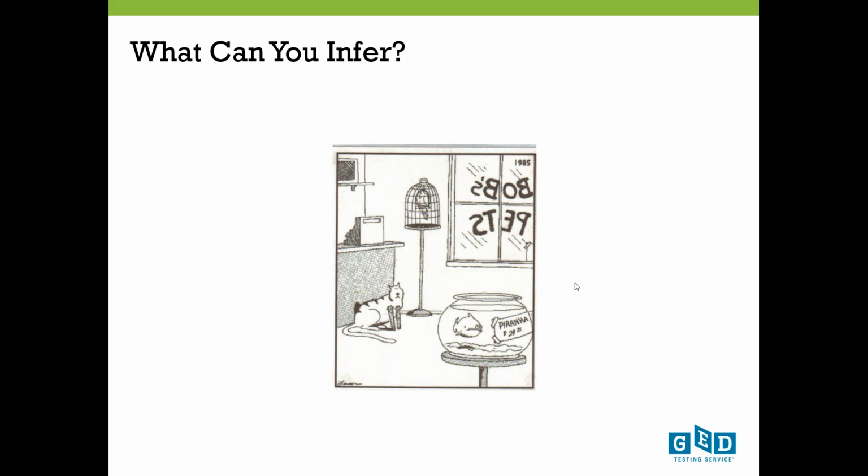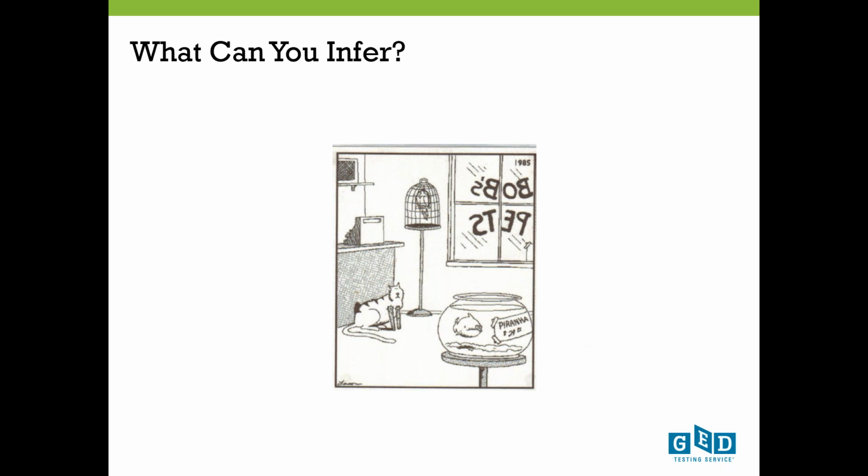And if we've got the piranha there, we can also infer that the piranha is pretty vicious. Absolutely, Angie. You've got also Bob's pet store as pets that are a little worse for wear. Absolutely. This is something where students can make inferences, and it's non-threatening, but it gets them started into the process itself. You're just using some basic comics as you're going through.